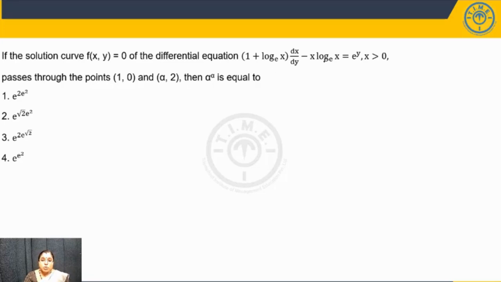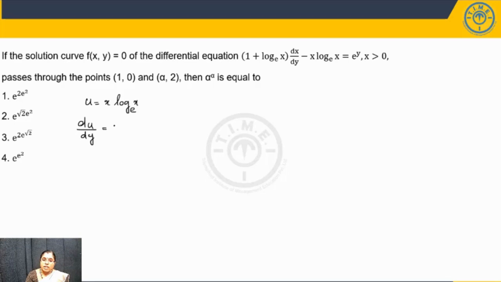So what I'm going to do is, let's put x log x as u. So let's put u is equal to x into log x to the base e. So let's find out what du by dy is.